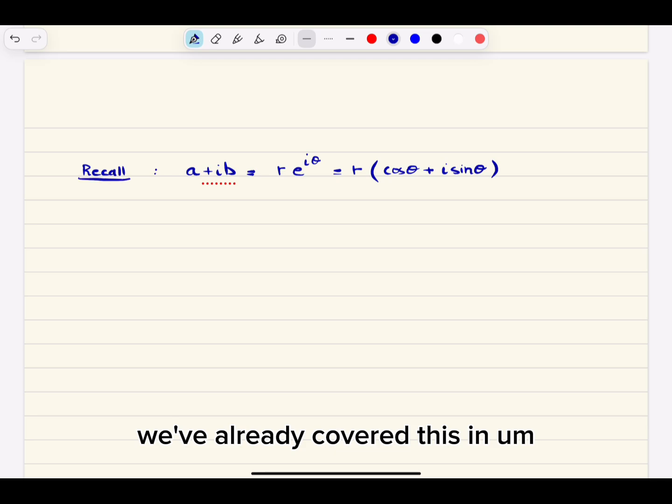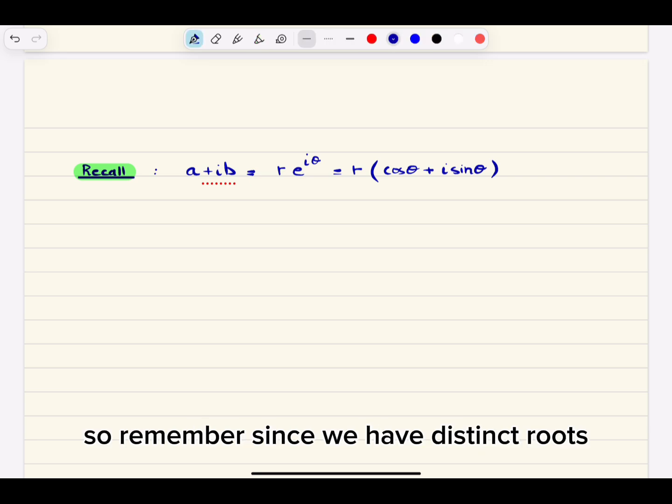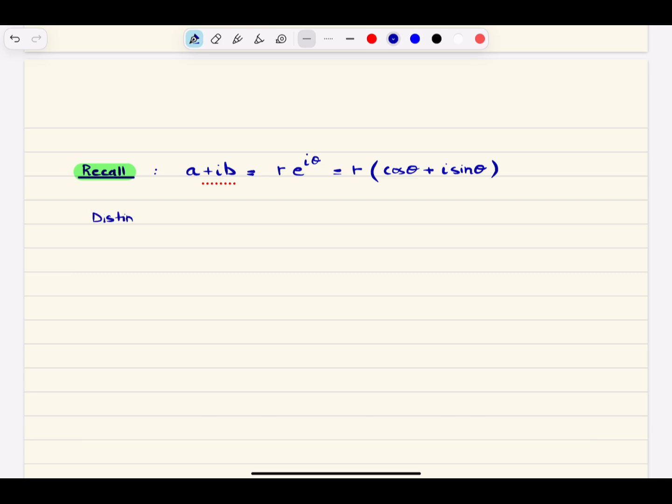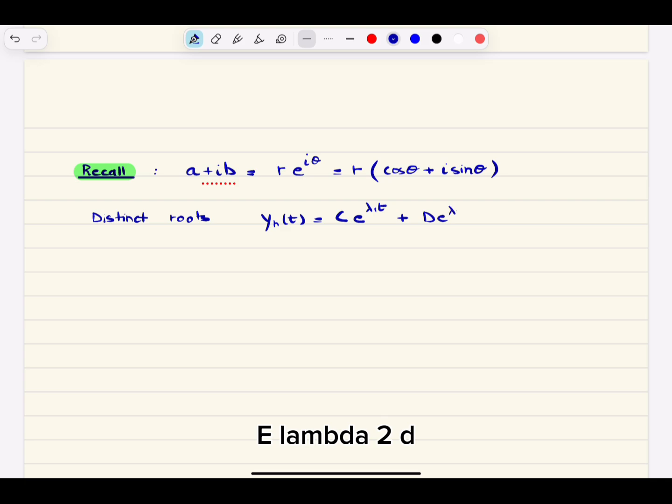We've already covered this in lecture 1 on difference equations. Okay, so remember, since we have distinct roots, we can write the homogeneous solution as C e^(λ1 t) plus D e^(λ2 t).